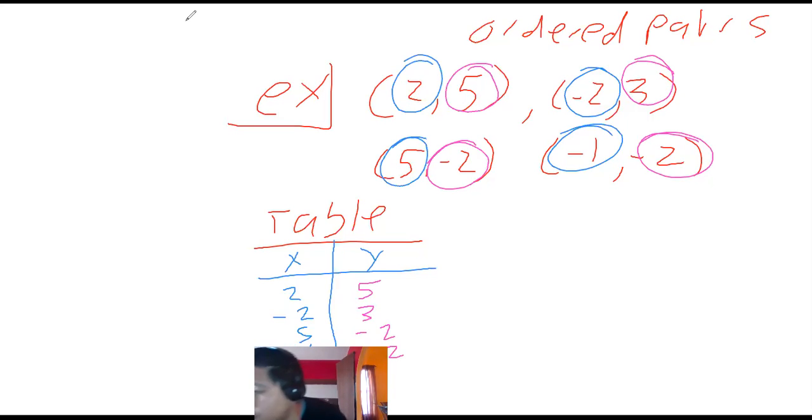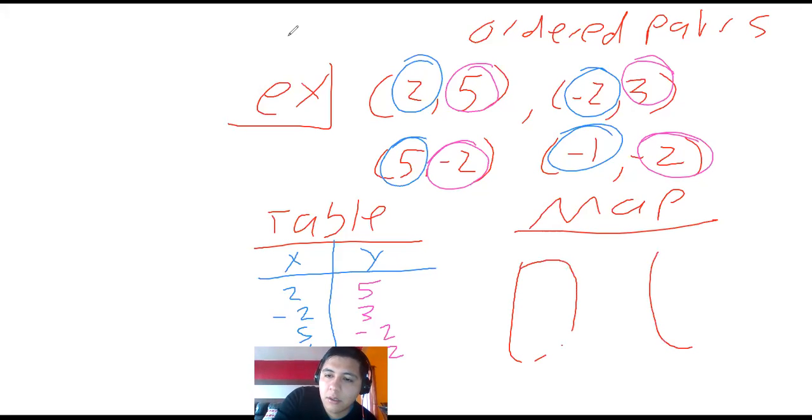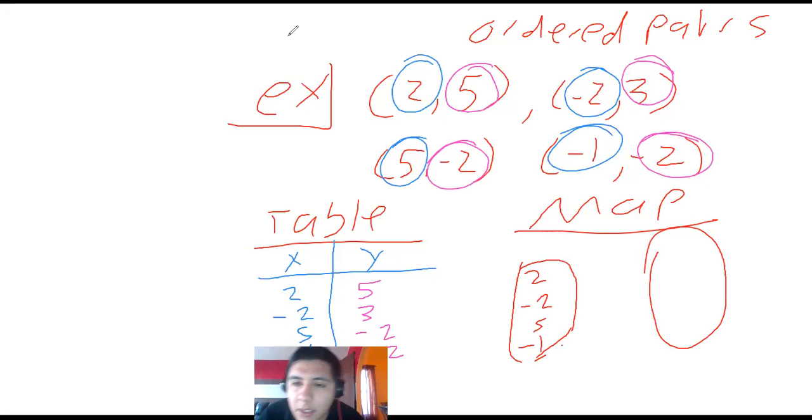All right, so now let's say we want to put these into a map. So this is where we would have 2, -2, 5, and -1. So on this part, we have the x values, and on this part, we would have the y values.